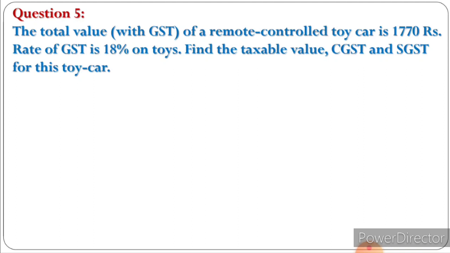In the previous question 4, whatever we solved yesterday, taxable value was given and we had to find out the total value. But here, total value is given, we have to find out the taxable value. So whenever we find the taxable value, we will assume the taxable value and apply the same rate of GST on it.